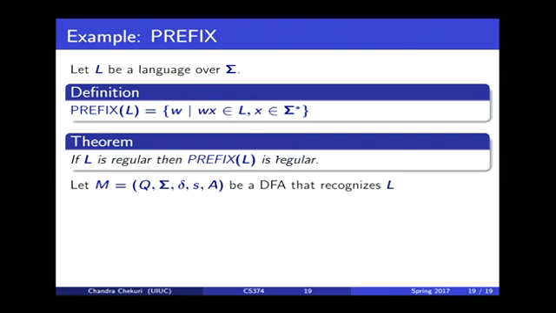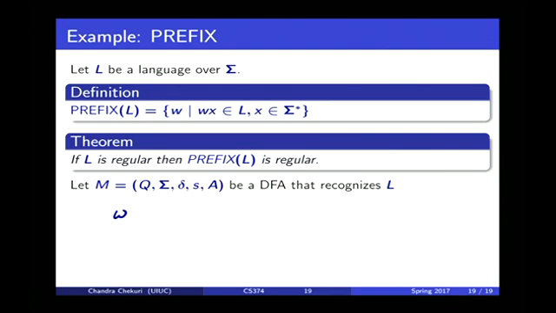Okay, let's try to understand what I should accept. I should accept the string W. My new machine should accept the string W if what happens?